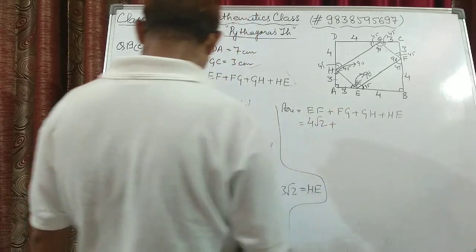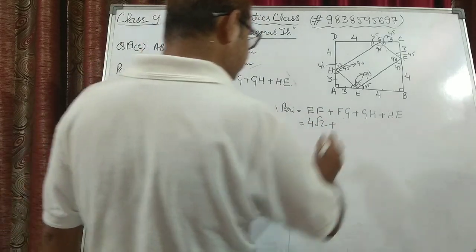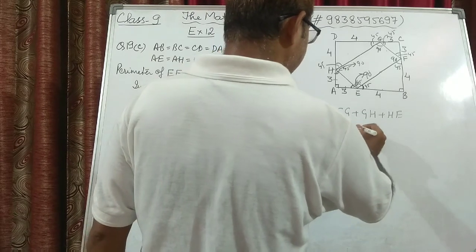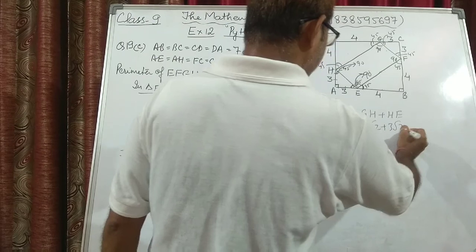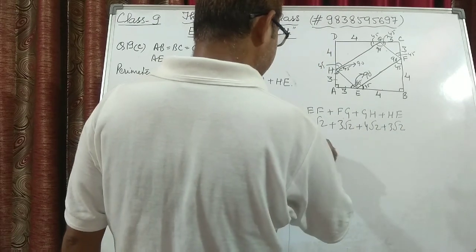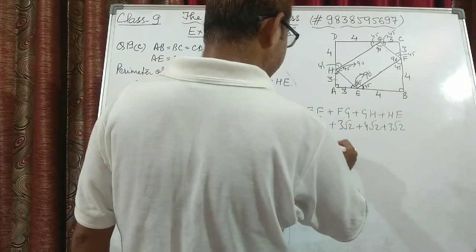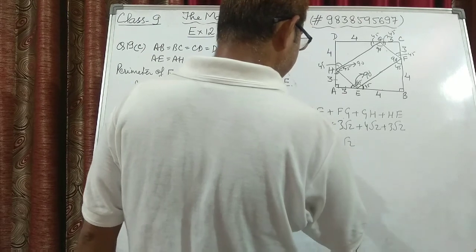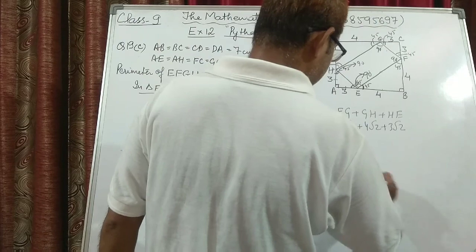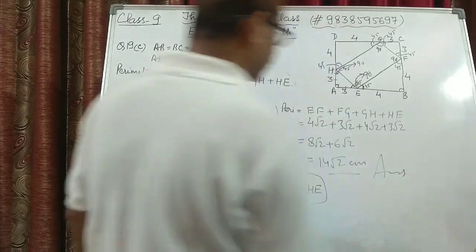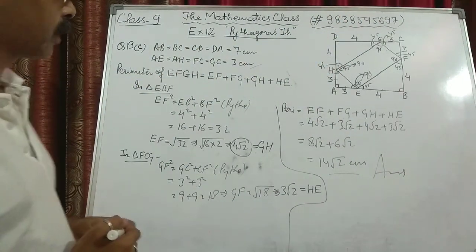What was the value of FG or GF? 3 root 2. Again GH 4 root 2 and 3 root 2. So 4 and 4 is 8 root 2. 3 and 3 is 6 root 2. 8 and 6 is 14 root 2 centimeter is the perimeter of the rectangle.